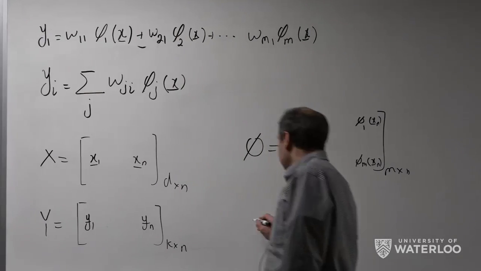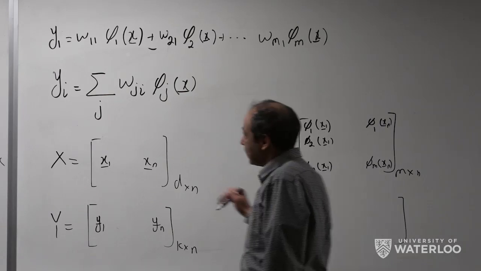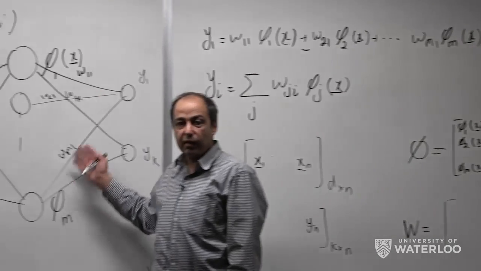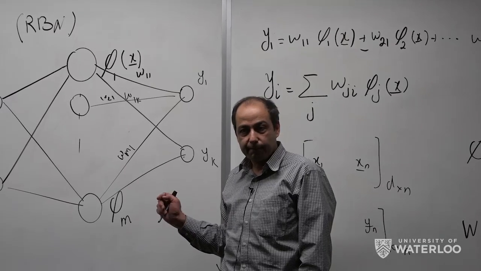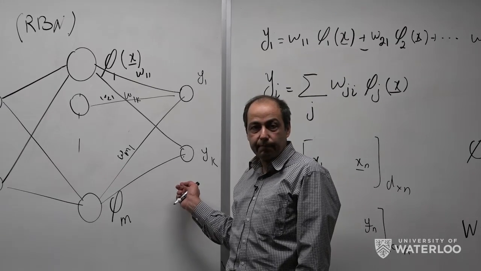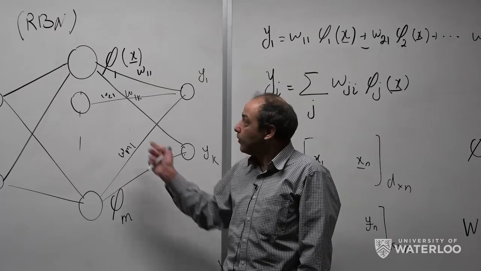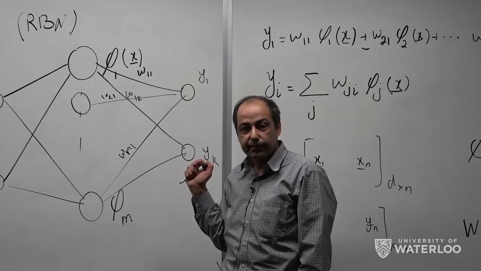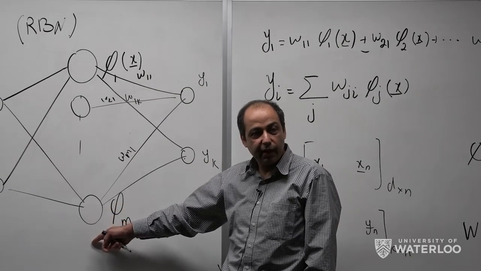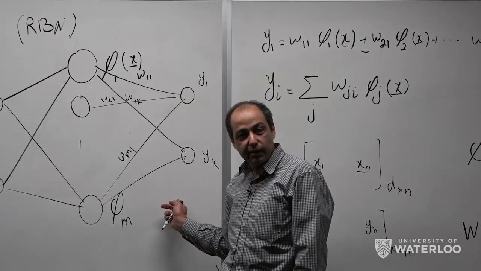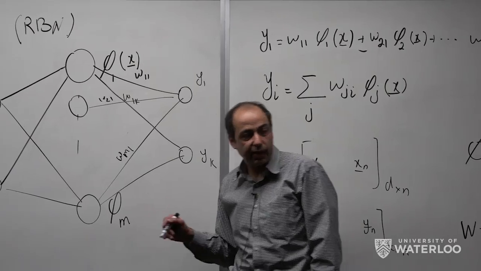And I define a matrix W and put all of these weights in it. How many weights do we have here, from phi to y? How many phi's do we have? m. How many y's? k. So how many weights in total? m times k.